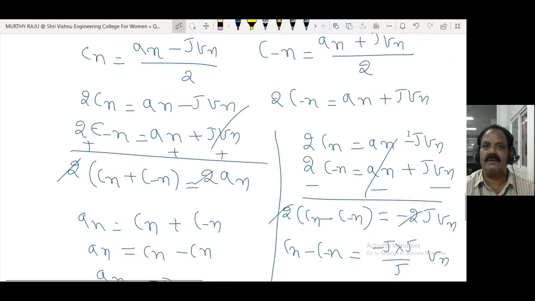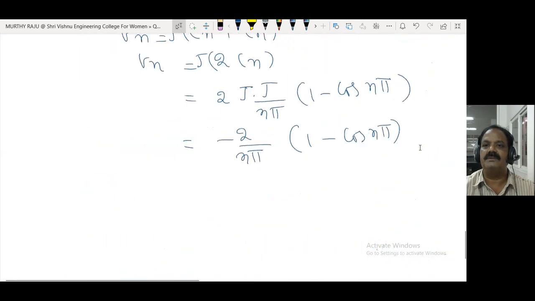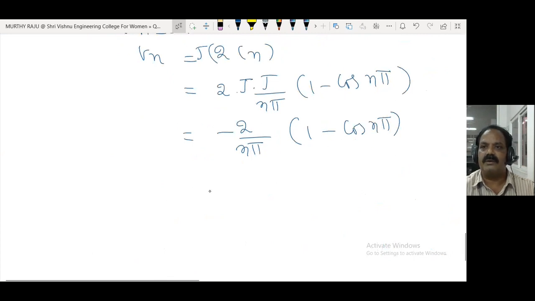Here Cn is equal to j by n pi into 1 minus cos n pi when n is not equal to 0. Therefore, 1 minus cos n pi is 1 minus minus 1 whole power n.